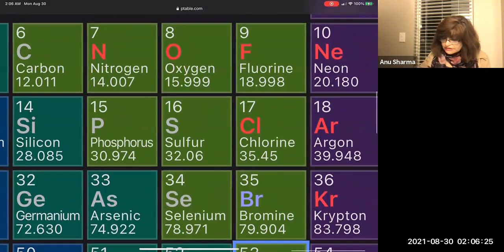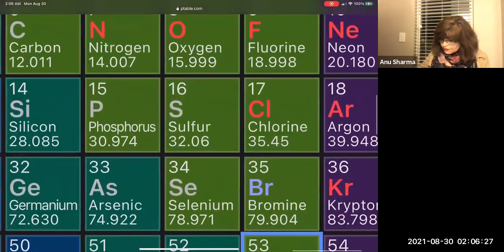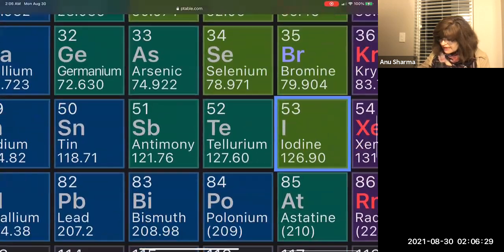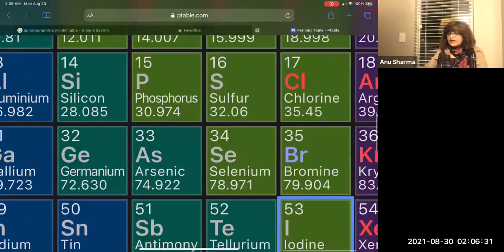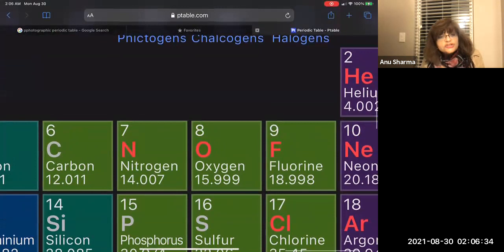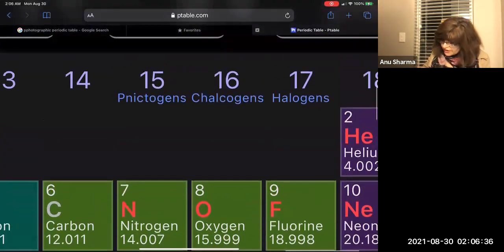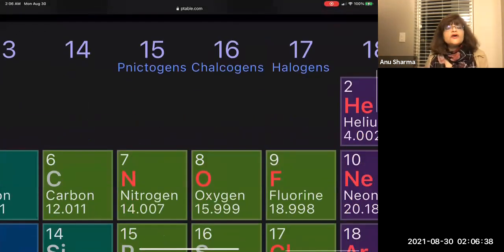Now pay attention to this: nitrogen, phosphorus, and then we have arsenic, antimony, bismuth. Nitrogen belongs to group 15, which means 5A. This also means that nitrogen has 5 valence electrons in the last shell, and it only needs 3 more to get an octet.